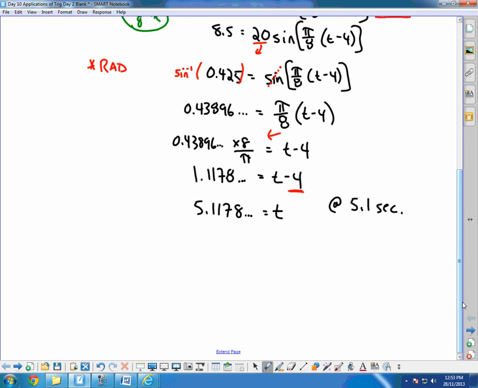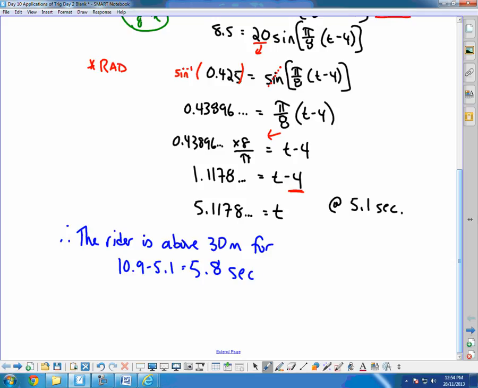So therefore, the rider is above 30 meters for, well, 10.9 minus 5.1, which is about 5.8 seconds.